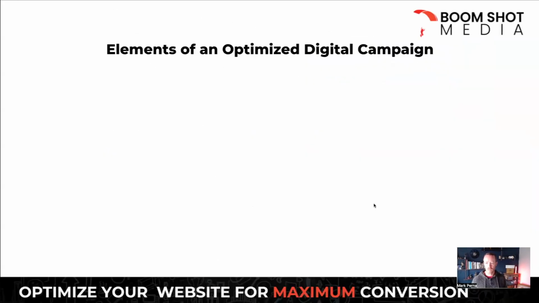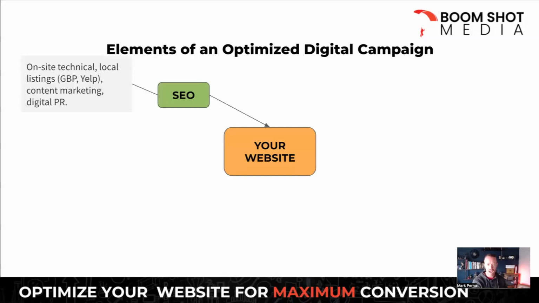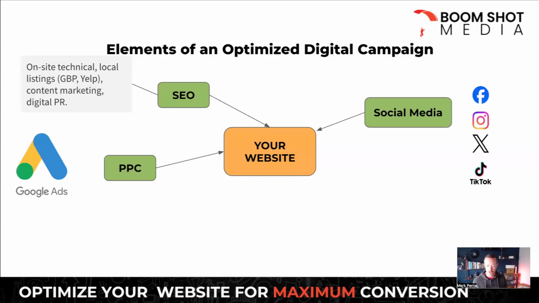Last month, we talked about the elements of an optimized digital campaign, right? It starts with your website, and then we're driving traffic via SEO, your Google business profile, Google Ads, and social media.